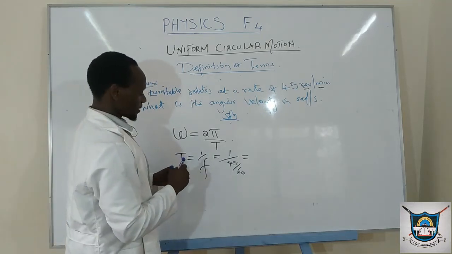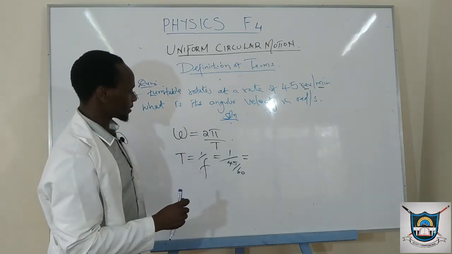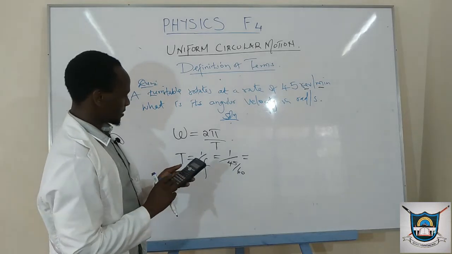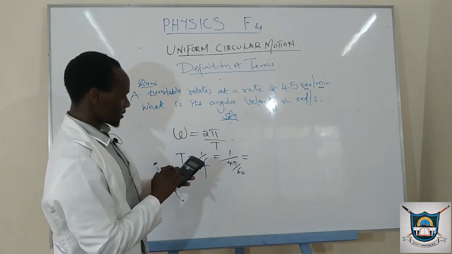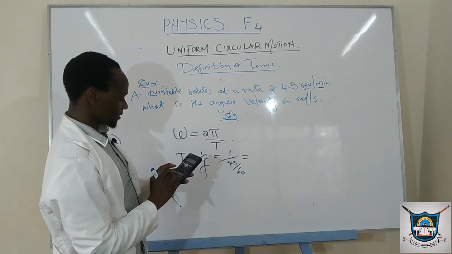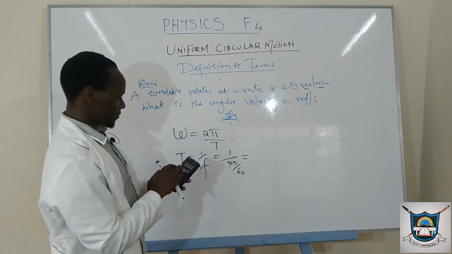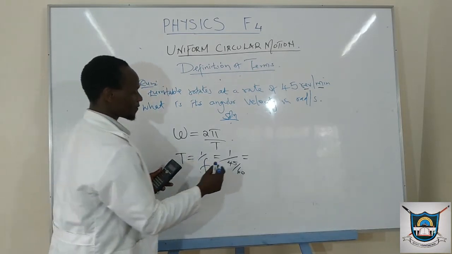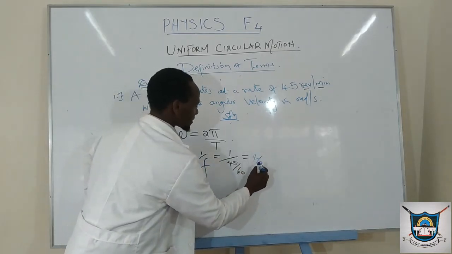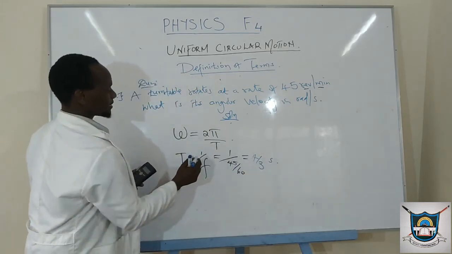I have my calculator here. Use yours also, and we compare the answers. It is 1 divided by 45 over 60. You get your answer in improper fraction as 4 over 3 seconds. So that is the T.